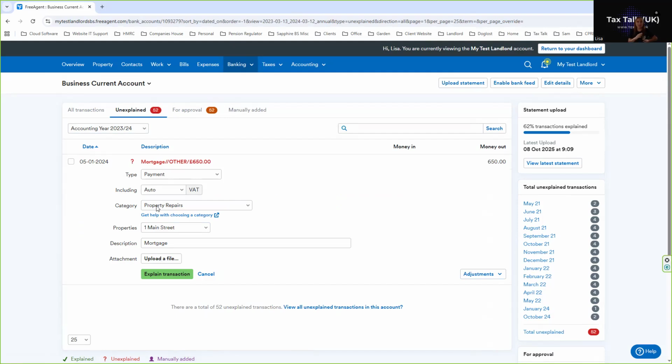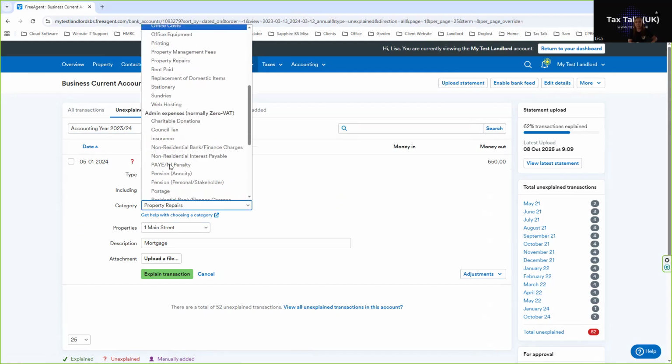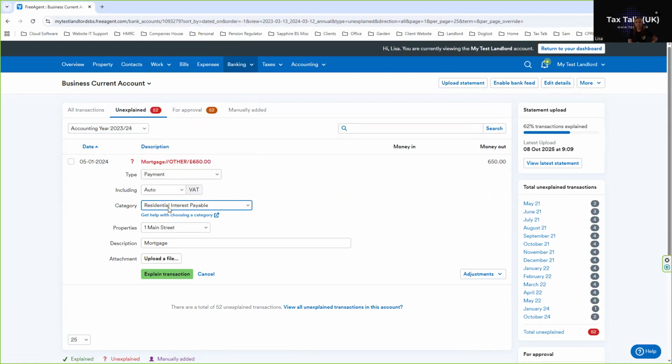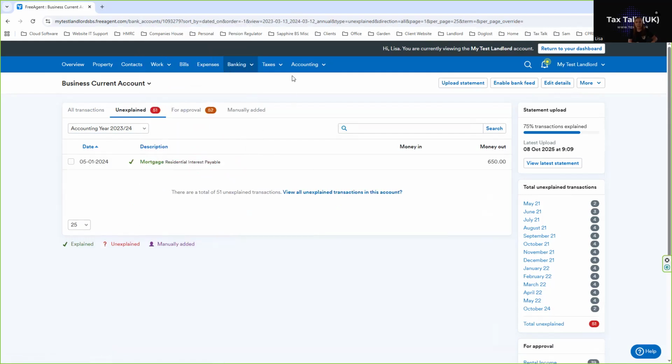But as I say, if you have a repayment mortgage, you do need to separate out the repayment element from the interest. So you will see that we've got a residential interest payable allocation, and we can explain that.